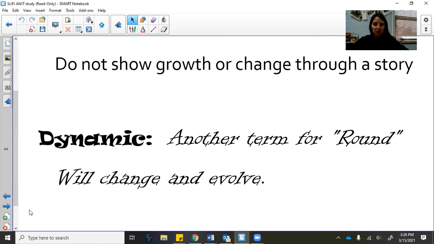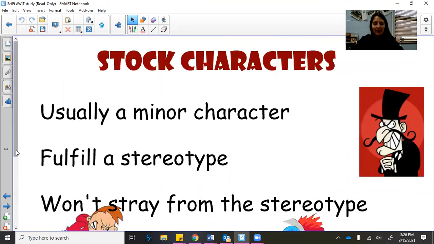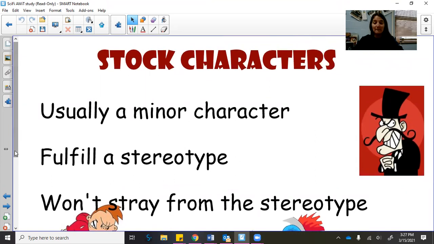He evolves and changes. And then the last character type we're going to talk about here is a stock character. A stock character is usually a minor character and they fulfill a stereotype.